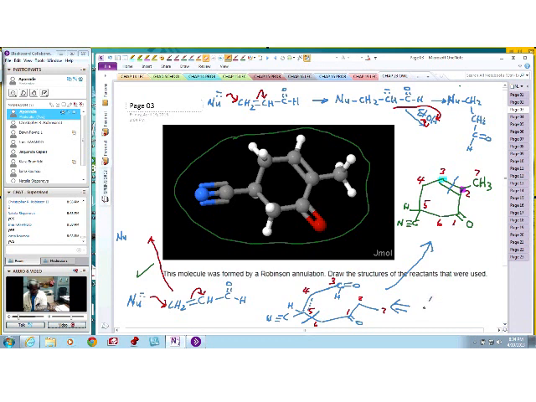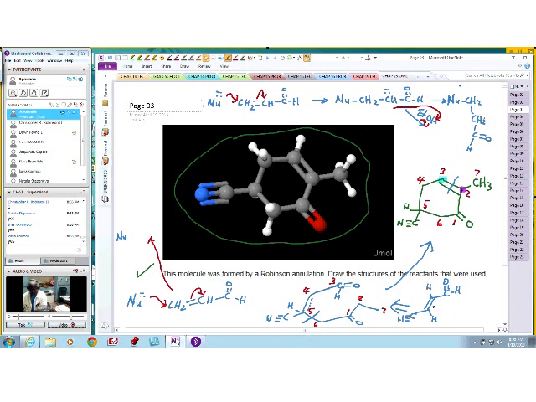So that means we have a carbon-carbon double bond. You have the aldehyde. Then right here, we have your cyano. And of course, right here you have hydrogen, and on this side also you have hydrogen.